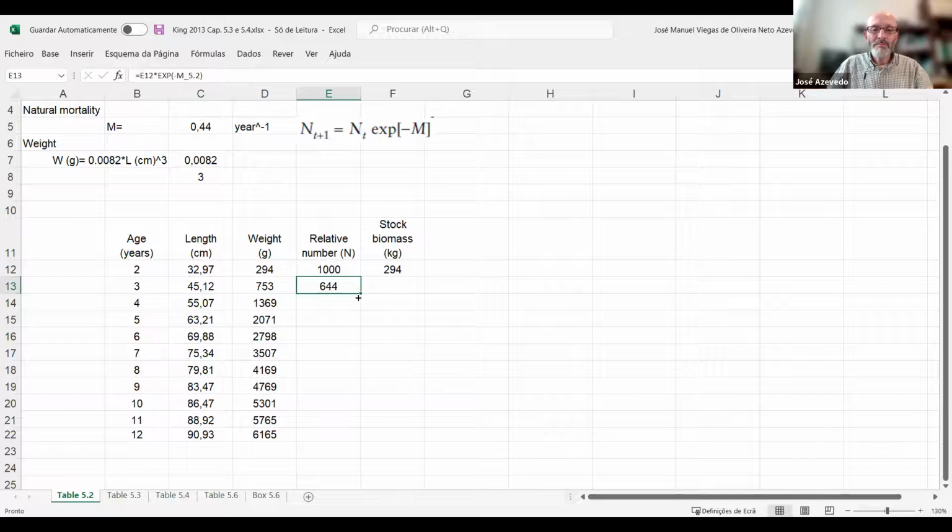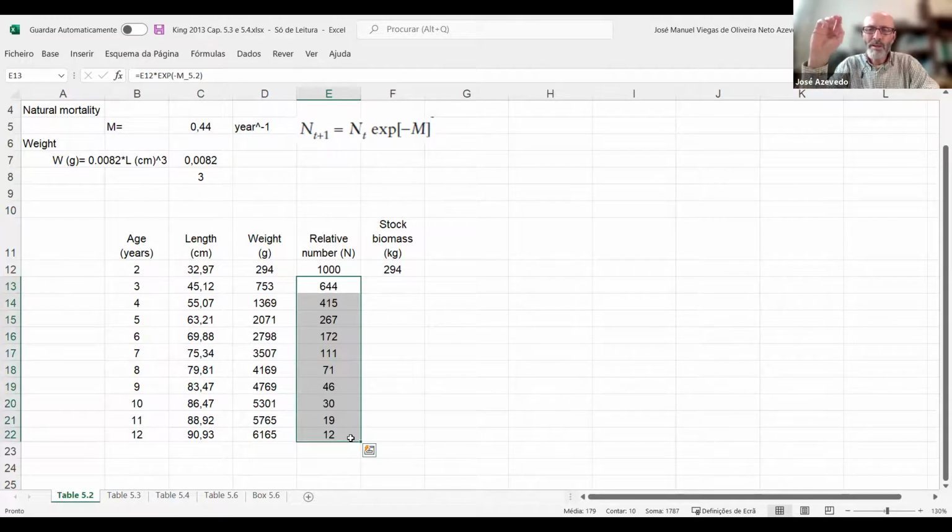Now we can extend this equation down, and we will see that by the end of the 12 years, with this mortality rate, there will be only 12 fish for each of the 1,000 fish that we started with at 2 years. So let's say the recruitment happens at 2 years, and for each 1,000 recruits, only 12 on average are alive 10 years later, right?